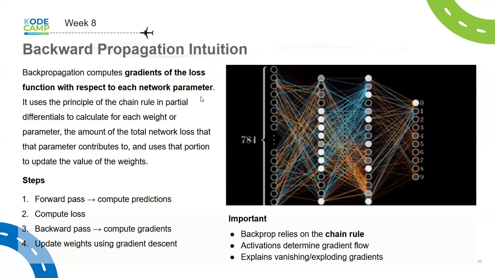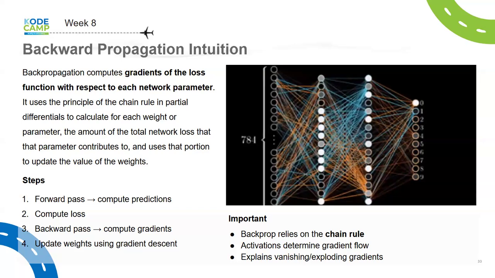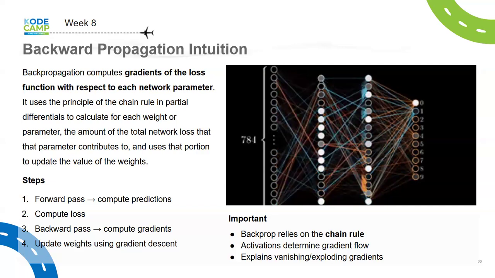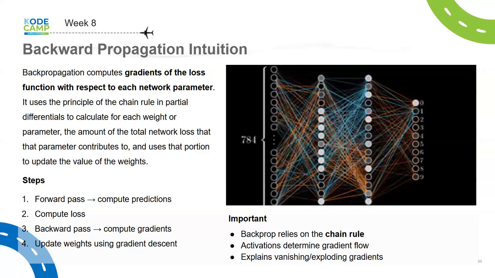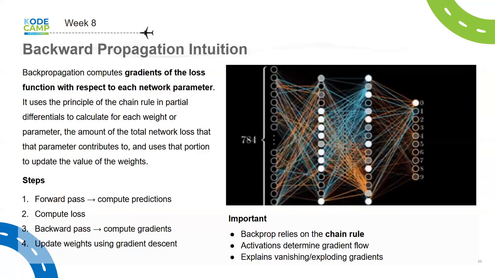If not, your model is not going to learn anything. So it uses the principle of the chain rule in partial differential equations. I'm not going to go into that, but the chain rule basically says that if you have 10 different variables on the input that affect a particular variable on the output, you can get the proportion of each of those 10 variables, how much it contributes to the change in the variable, by doing a partial differential, right?